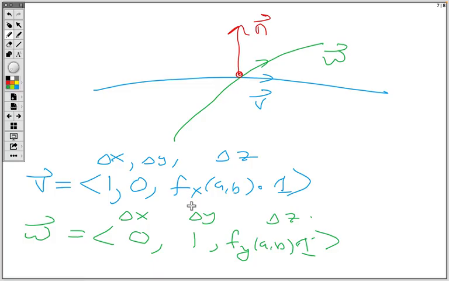Okay. Now, how would I get the vector n from the vectors v and w? This is something we talked about. So what can I do to get the vector n in terms of v and w? Yep, the old cross product. Very good. So this would be v cross w.